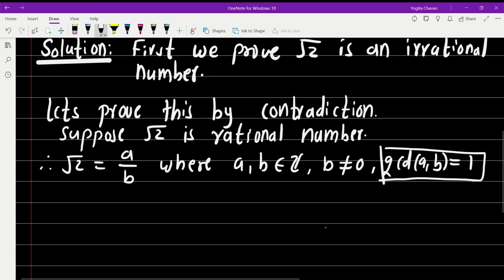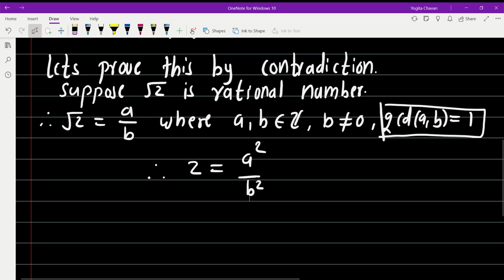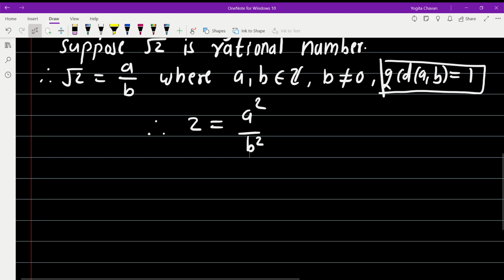Okay. Now root 2 is equal to a divided by b. Therefore, 2 is equal to a square by b square, squaring both sides. The square of root 2 is 2 and the square of a by b is a square by b square. Therefore, a square is equal to 2 into b square.